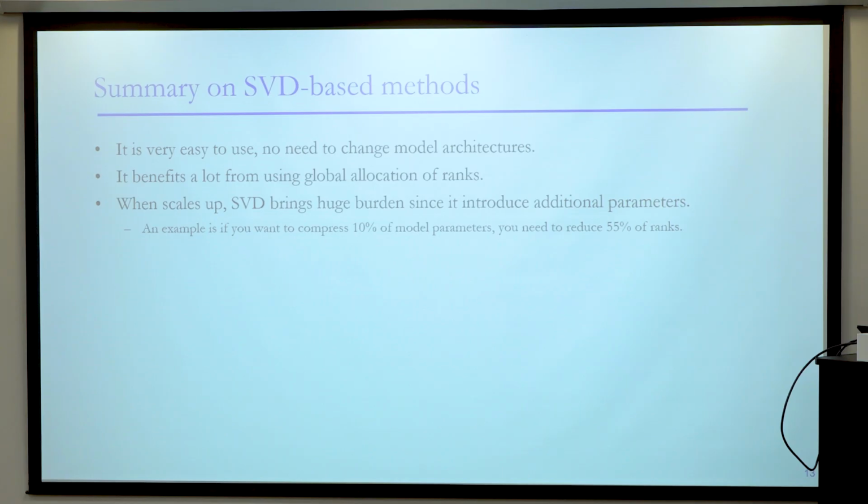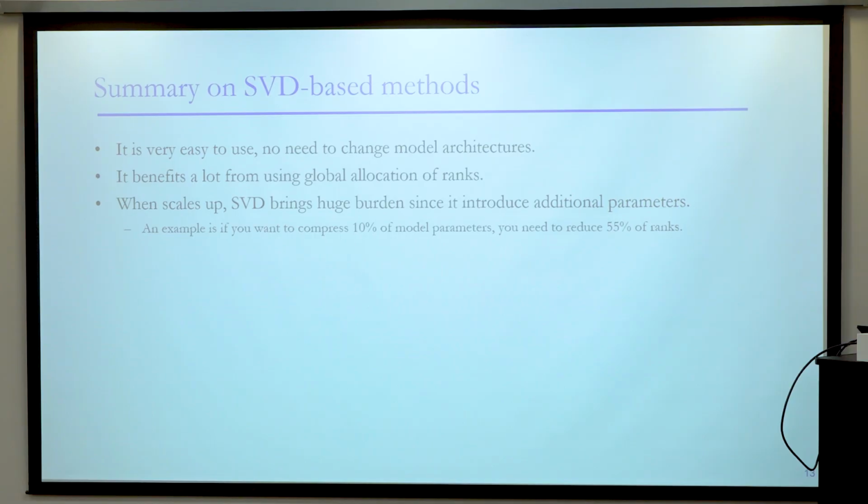Here we have a short summary for the singular value decomposition based methods. Firstly, it's very easy and straightforward to use, and you don't even have to change the model architecture. Also, it benefits a lot from using global allocation of ranks instead of using uniform ranks across different layers or operations.